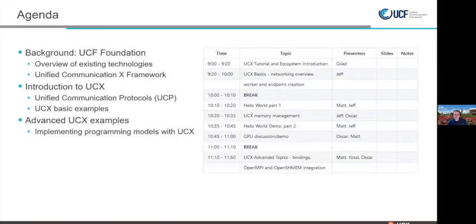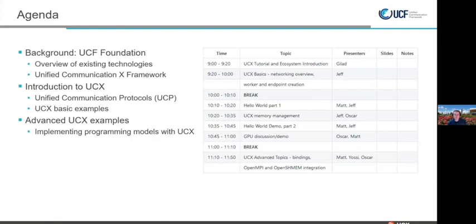Okay, so to go over the agenda, I'll provide the overview here of the ecosystem, and how we went from UCX to this wider UCF Foundation. It includes other things like OpenSNAPI and HPCA. This part of the tutorial we're calling the UCX Basics.